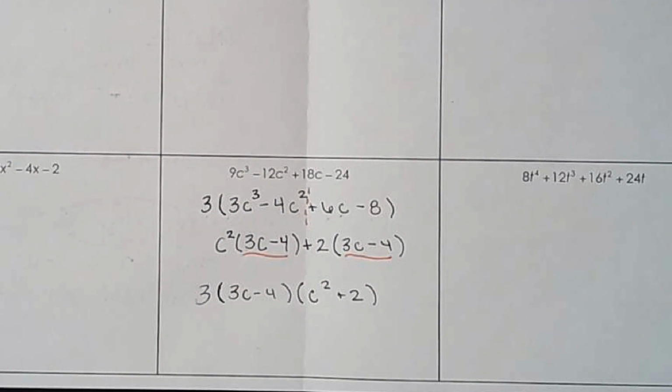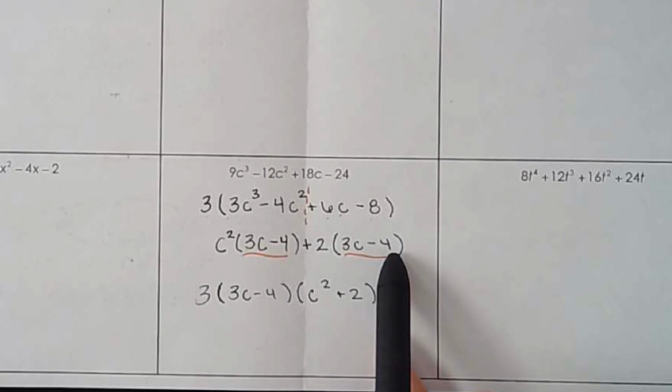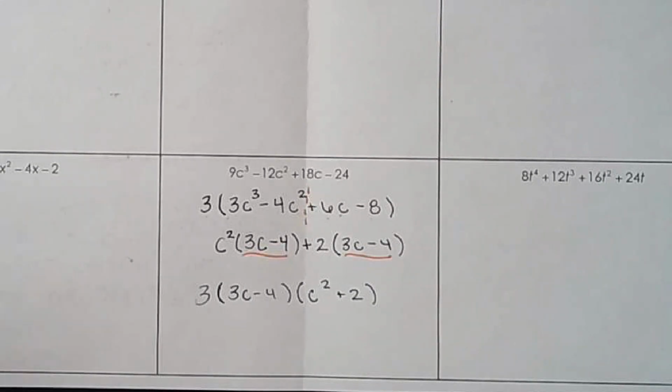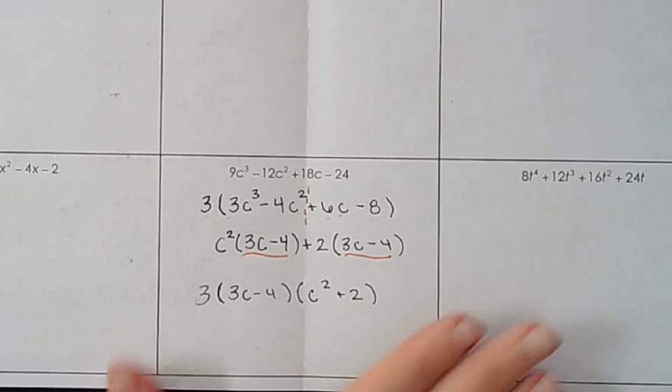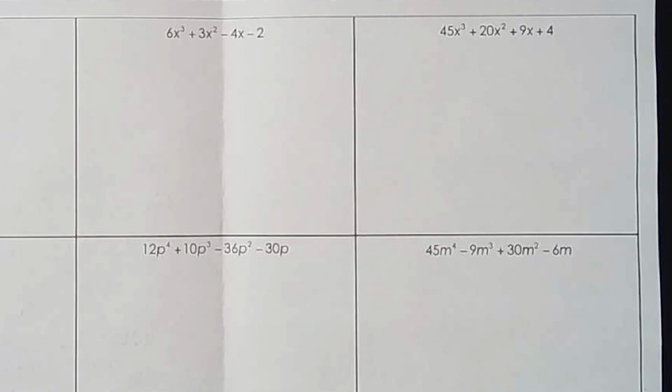So make sure you check for a GCF first before you factor by grouping. And don't forget, if you don't end up with the same thing in parentheses, you either didn't pull out your GCF or you didn't pull out the greatest common factor of your terms. So you have 8 more problems left on here, and then an IXL for this practice too.